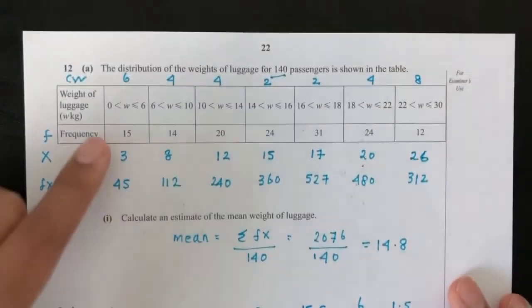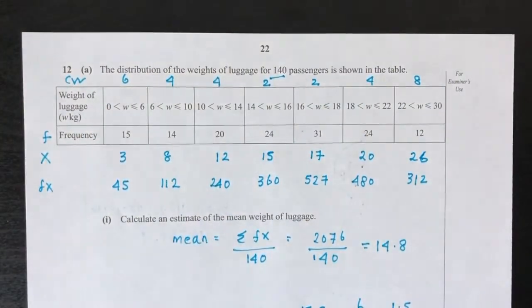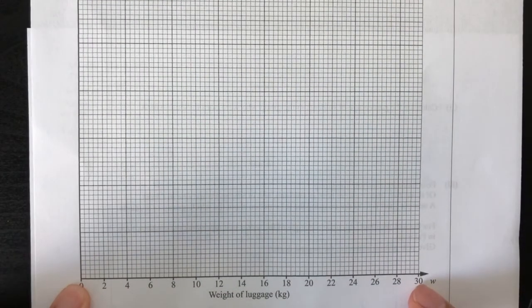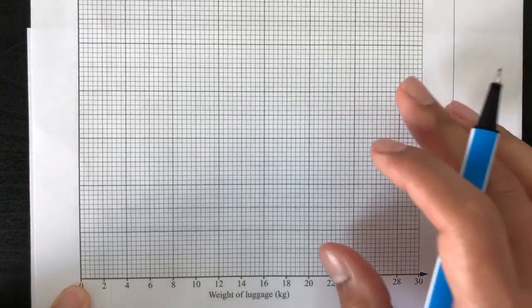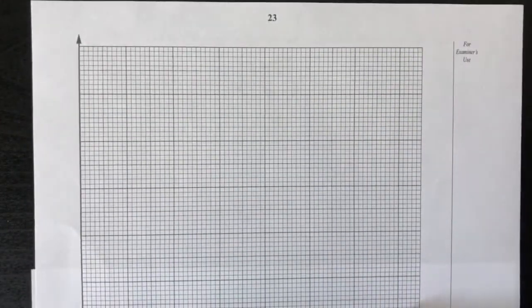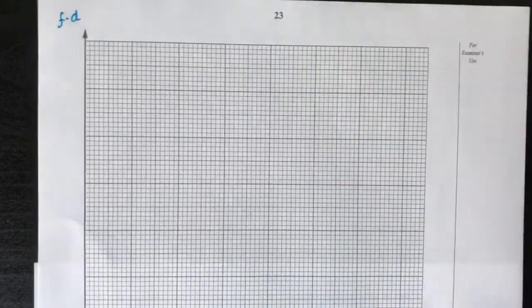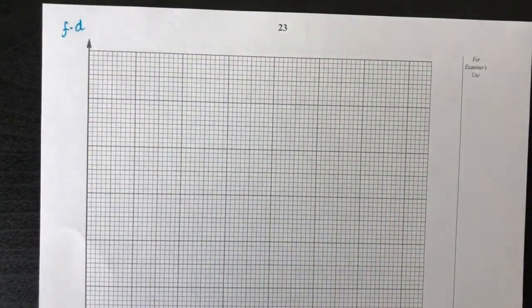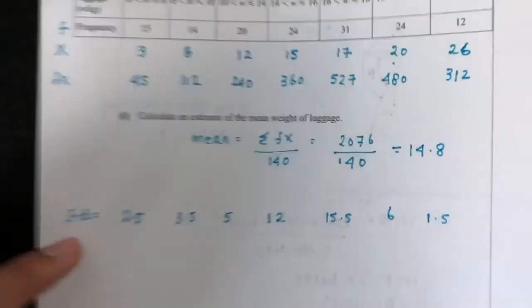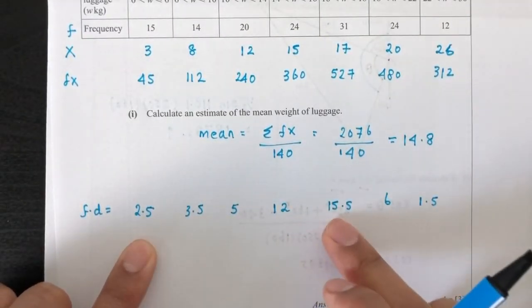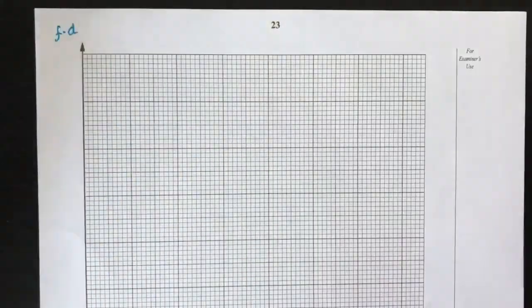As you can see here, we have from 0 till 30. So we have to draw the graph. So 0 till 30 has been given to you. You have to find the frequency density. So let's label the y-axis. As you can see, the max value is 15.5. Let's do that.